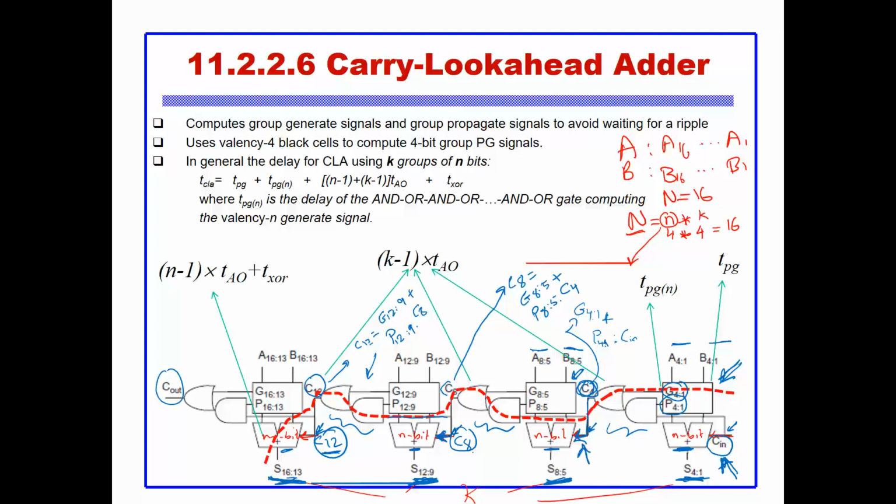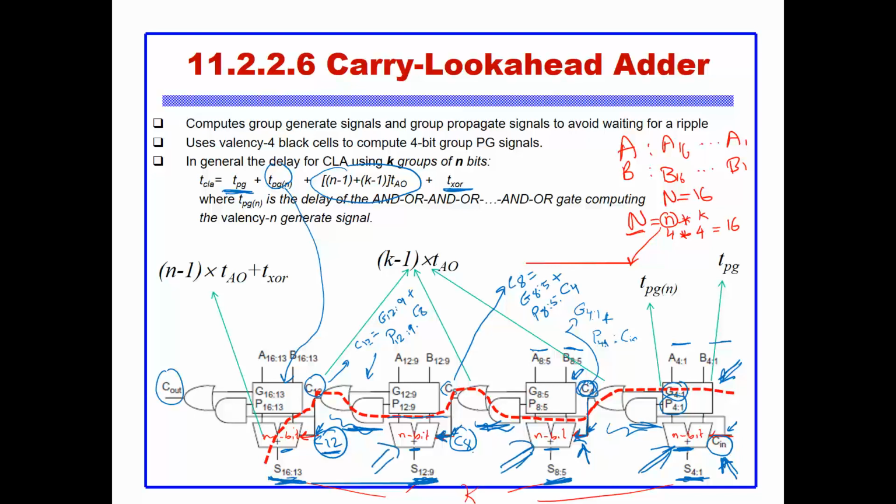Okay. Now, so what is the delay for this adder? Well, first of all, notice that we have to generate these PG terms, okay, and we have this XOR for the sum, and we have to go through this delay of PG n, which is this one here, okay, and then I have these AND-OR gates, they exist here, number 1, number 2, number 3, and they do exist in these adders here.